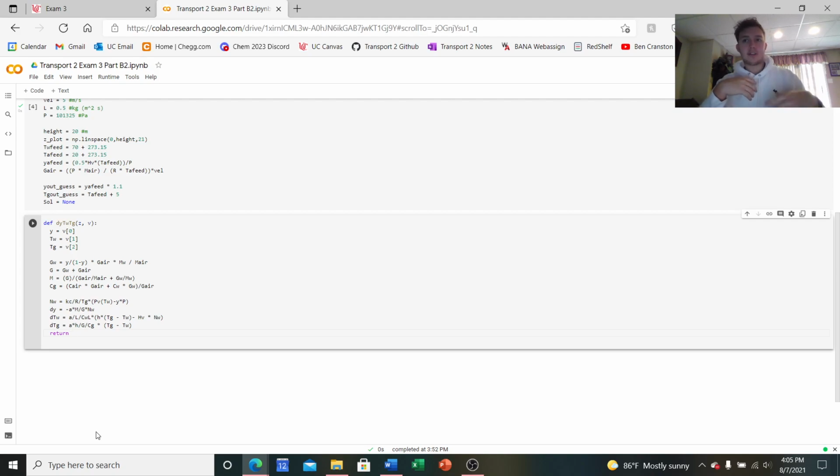Now we have this all set up. We want to return the values dy, dtw, and dtg: the rate of change of the mole fraction, the rate of change of the temperature of the water, and the rate of change of the temperature of the gas. We want all three of these returned as our values.